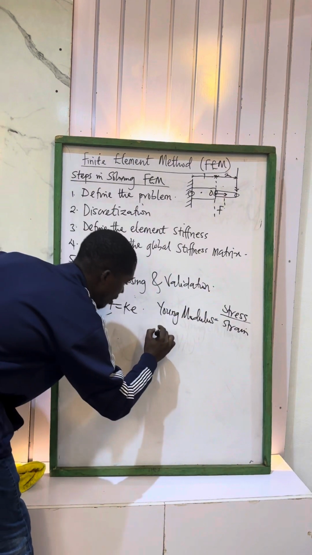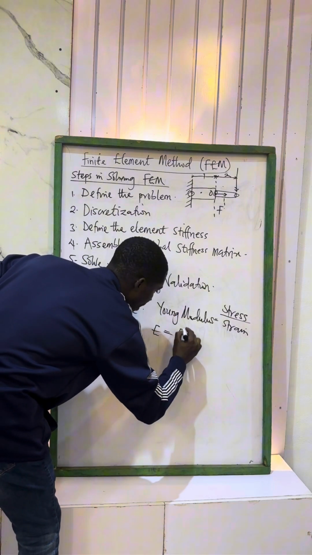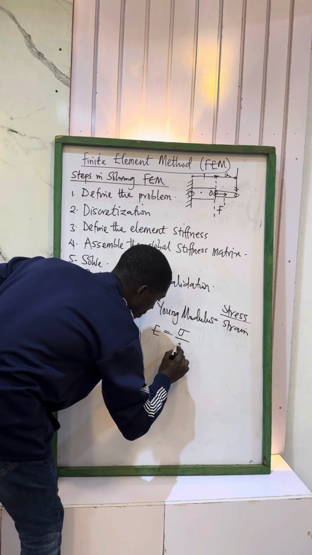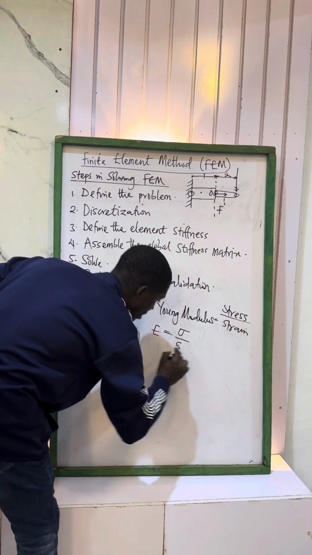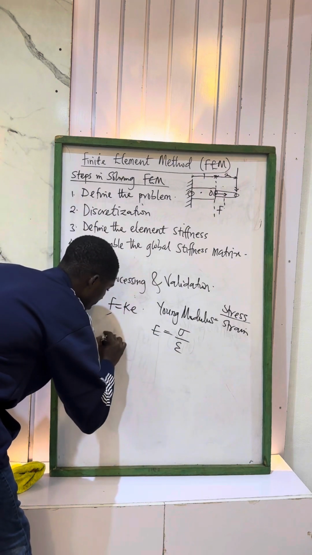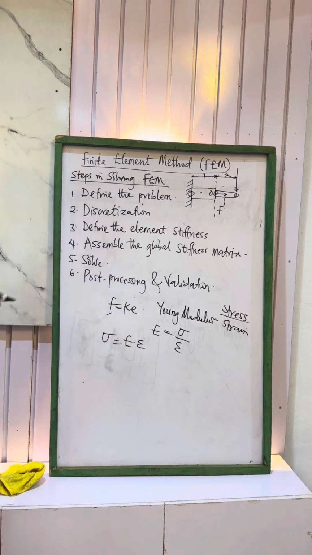Now we know that Young's modulus is the same as E, and stress is the same as sigma, and strain let me represent with epsilon. So sigma is the same thing as E dot epsilon.